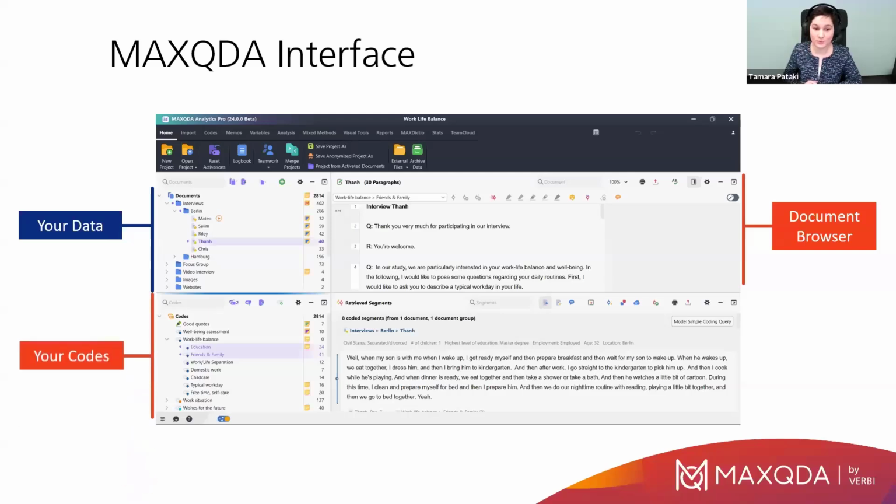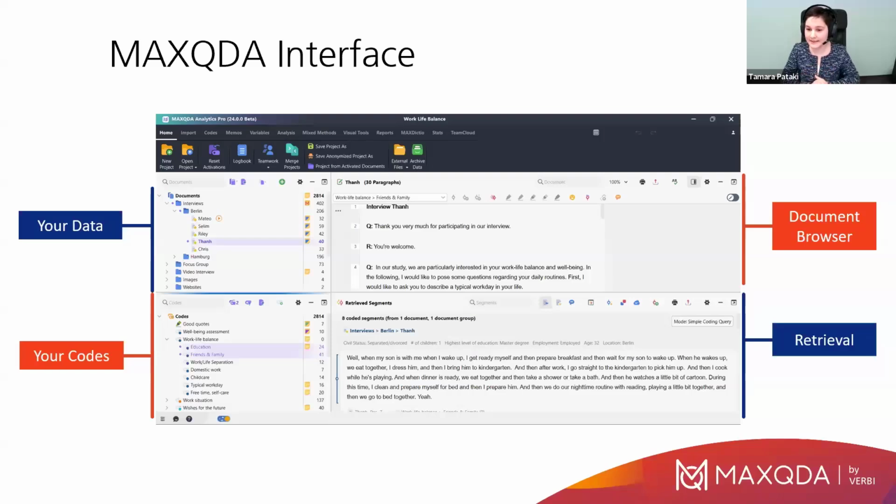The third window is very helpful when it comes to especially the qualitative part of your project. This is where you can see your codes, your category system that you can build in Maxqda. And the fourth window is what we call the retrieved segments window, and this is where you can see the results of your coding, which also helps you to find coded segments.